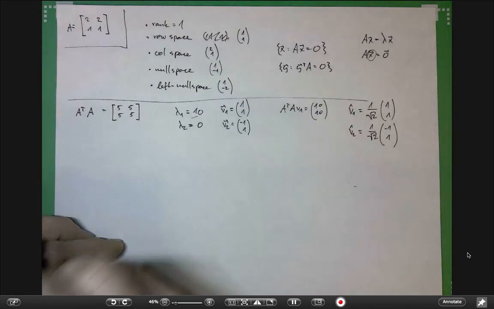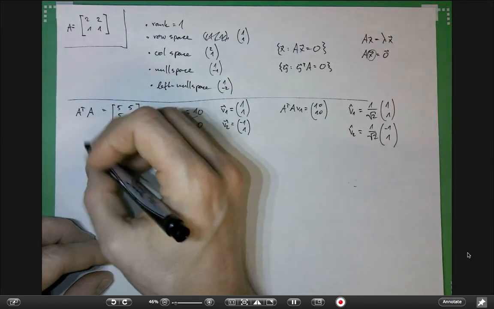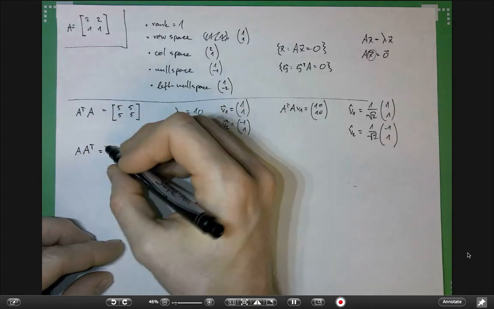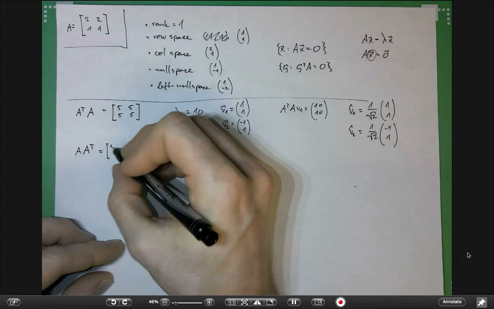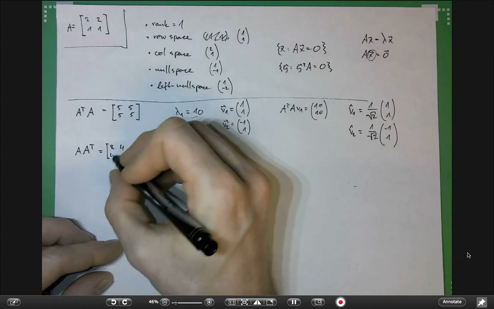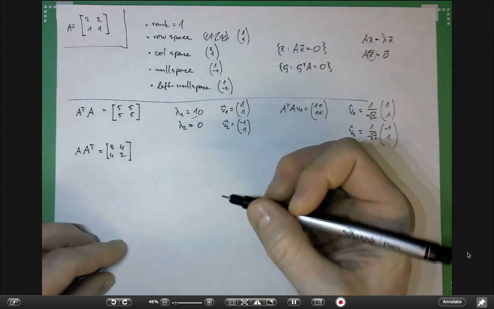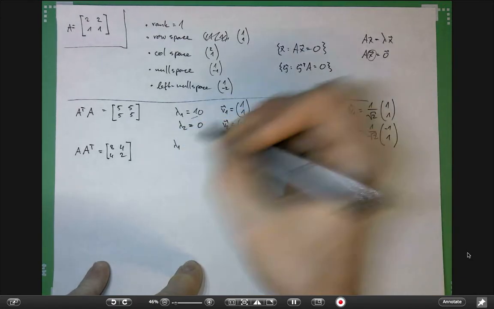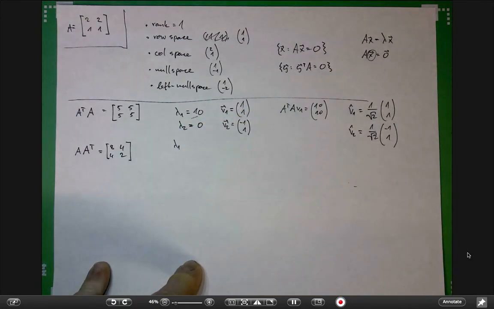Okay, so those were the right singular vectors. Now let's take a look at the left singular vectors. So there we need to do A A^T, which if we do the math, we see it's 8, 4, 4, 2. And guess what the eigenvalues there are going to be? Have you been paying attention last time?